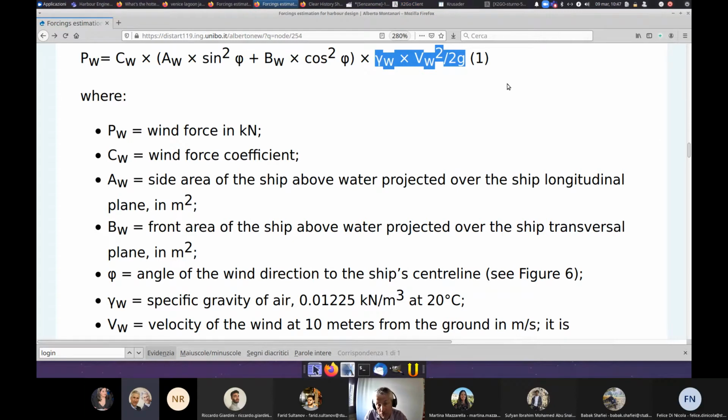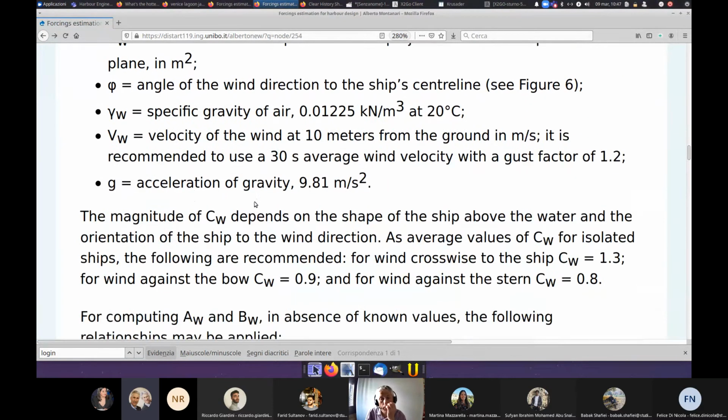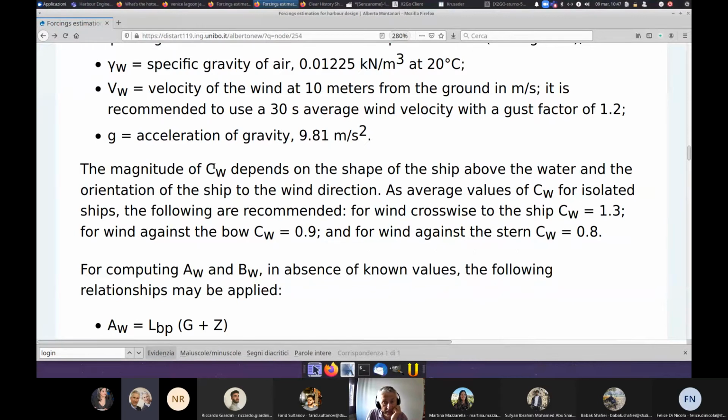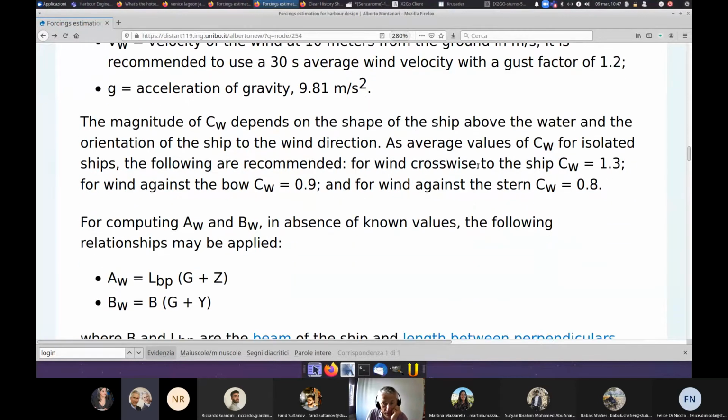And by assuming that the wind is acting perpendicularly to the exposed area, okay? This is wind pressure. Okay, now we concluded by saying that CW depends on the shape, and we suggested an increasing coefficient 1.3 for wind crosswise to the ship, while for the wind against the bow we can get 0.9, and for wind against the stern we can get 0.8.